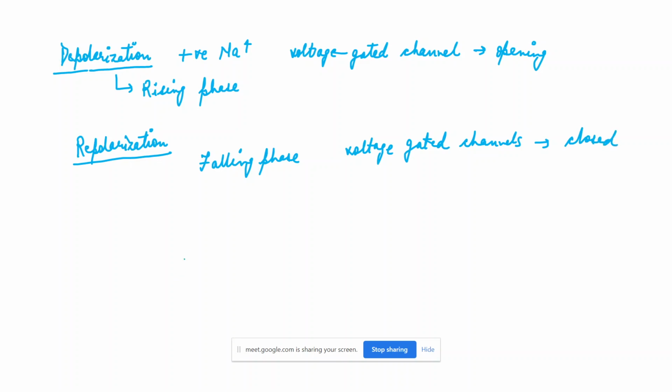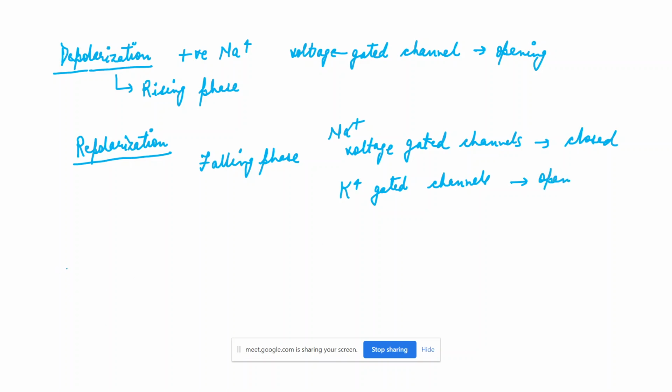And when these sodium voltage gated channels are closed, then what will open? Your potassium gated channels will open.